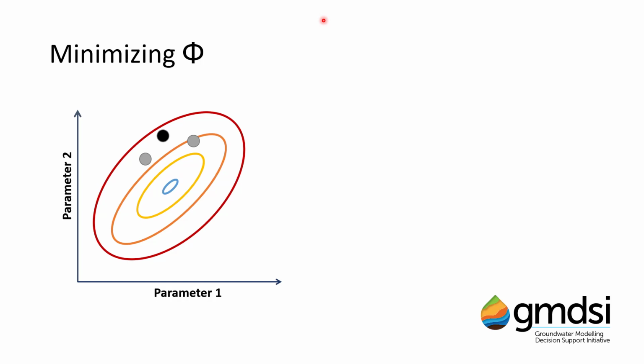By comparing the effect of parameter changes on the change in objective function, the parameter estimation code calculates the slope of the objective function surface, so that contour map we're looking at, and from that slope it can determine the direction in parameter space to take in order to head towards that minimum value of the objective function.